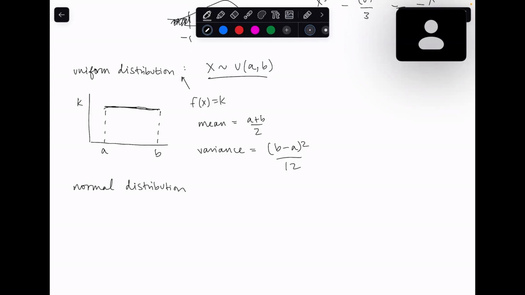Okay, and then for a normal distribution, if the random variable x is normally distributed, you'll see something like this, where this is the population or the true mean, and this is your variance, right? And those usually look like what we're used to seeing, kind of like a bell curve. Forgive my drawings if they're not the best, but I would recommend that you just draw on this exam.